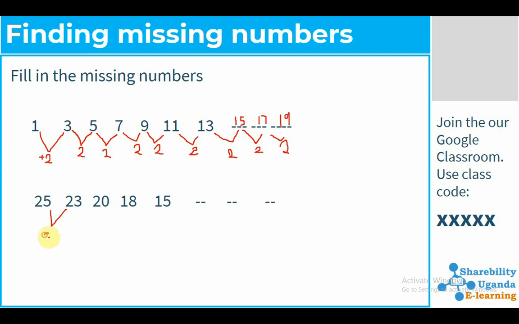We have a difference of 2. So writing this number, you say minus 2, because when you subtract 2 from 25, you shall be able to get 23. The same, you come and apply it.